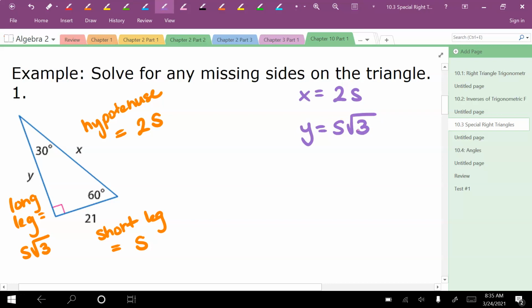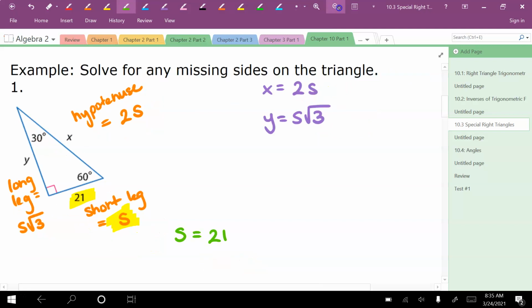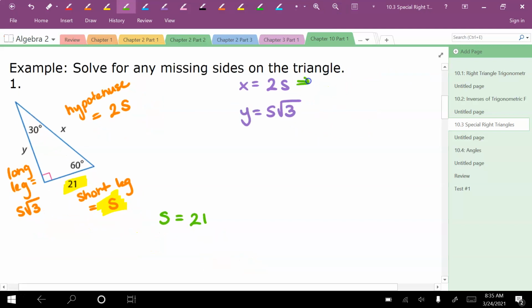Now, across from 30 is that 21, and that's my S value. So for this one, we didn't have to do a lot of work to find S because they gave me the number right away in the problem. So I'm going to say that my S is equal to 21. So then to find X and find Y, I just plug in that S. To find X, I'm going to take 2 times 21.